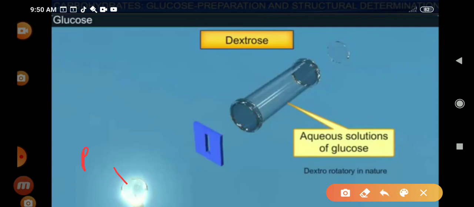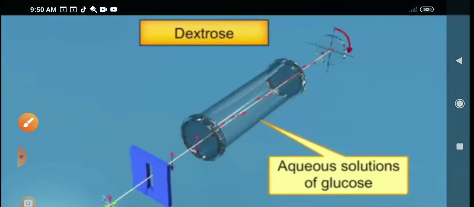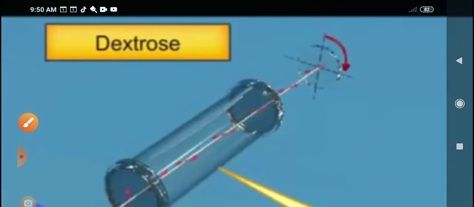The plane of polarized light is made to pass through an aqueous solution of glucose. Here you can see the plane of polarized light is made to pass through an aqueous solution of glucose, which is taken in this sample tube, and what is observed, I am focusing on that here.